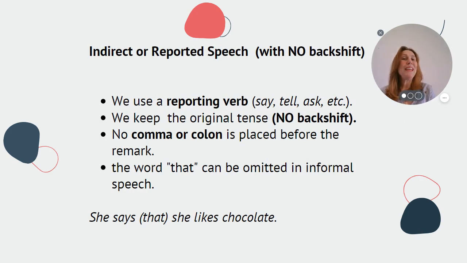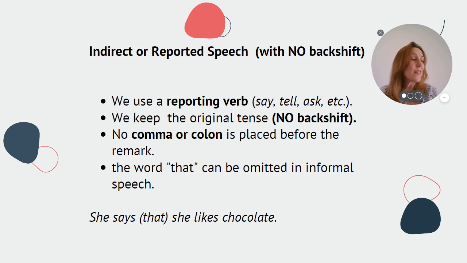Sometimes we don't need this going back in the verb tenses. Like, we don't need to change from present to past, from past to past perfect, and so on and so forth. So we may keep the original tense and say something like, she says she likes chocolate.